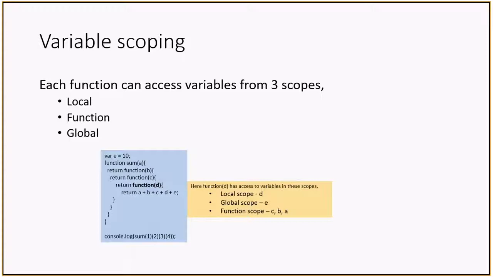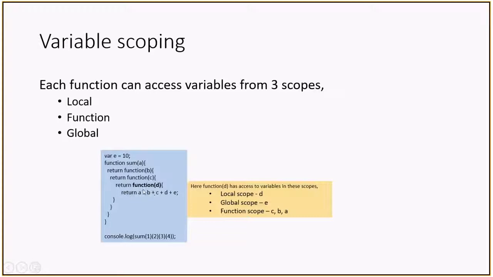JavaScript has three scopes: local, function, and then global. Like I said, inside each function you can access variables from three scopes. Local, as the name suggests, is whatever you declare inside it.